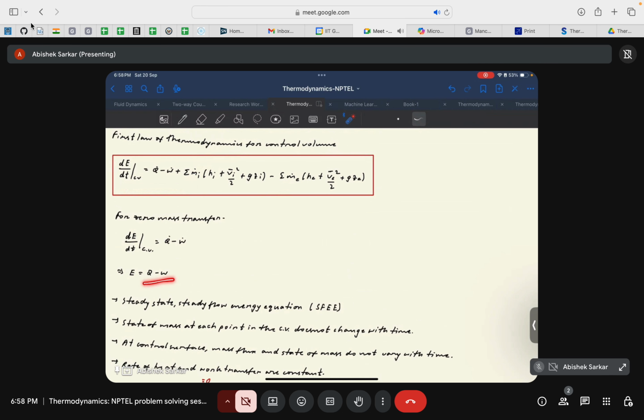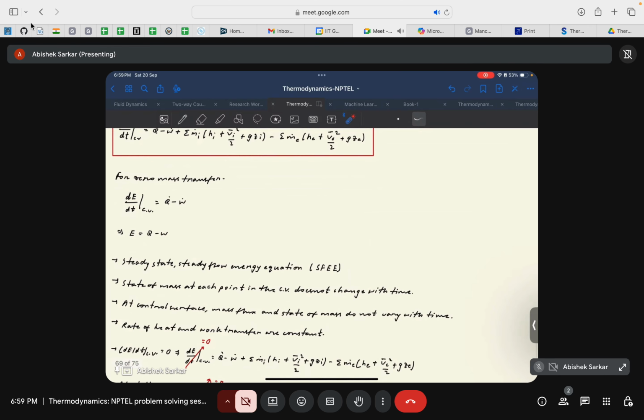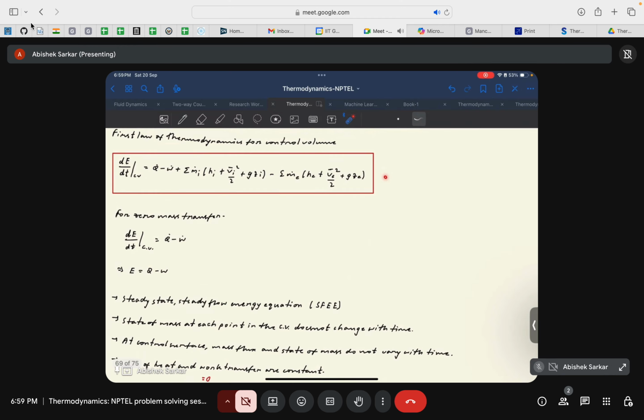It is the equation for your control mass. It becomes exactly the same if there is no mass flux through the control volume. So this is the energy equation. This is something you can remember, and it's good practice if you are able to recall it. But our interest lies in the steady state form.